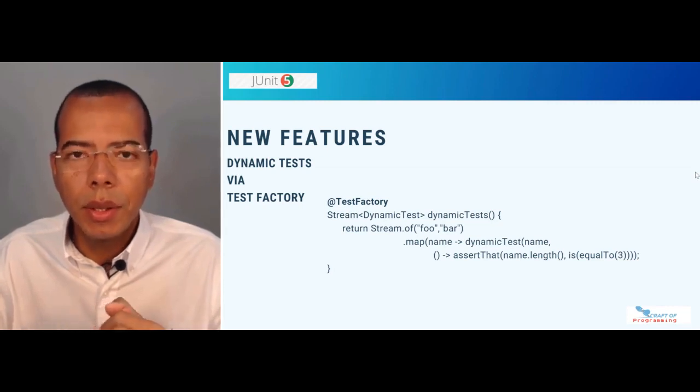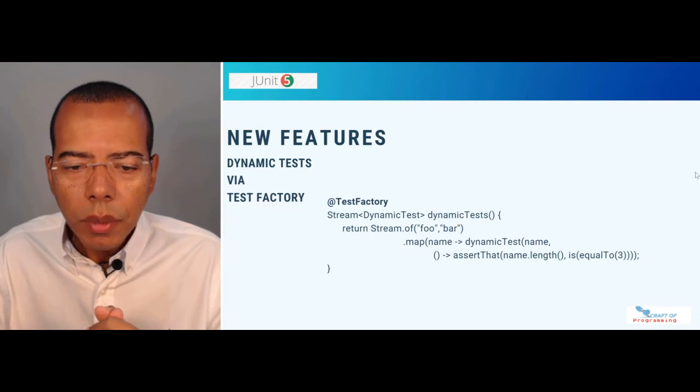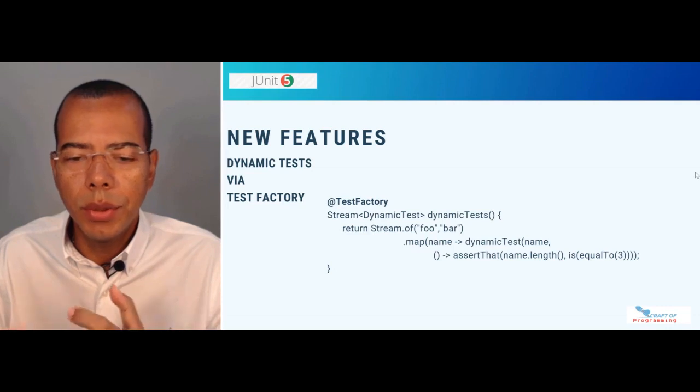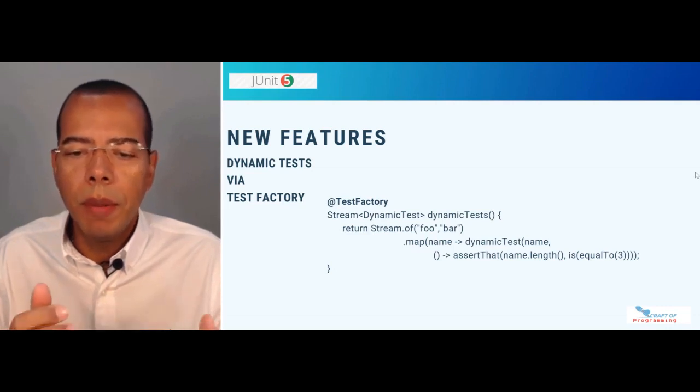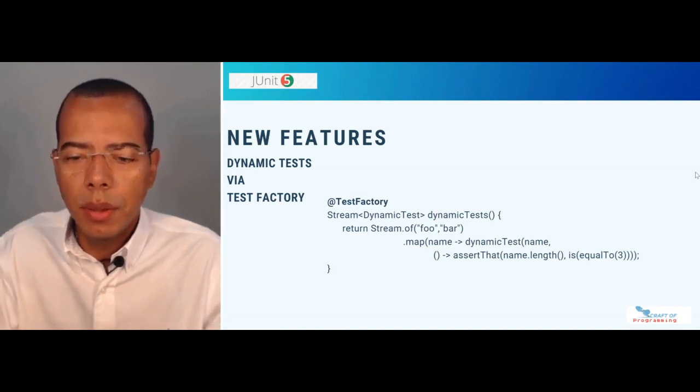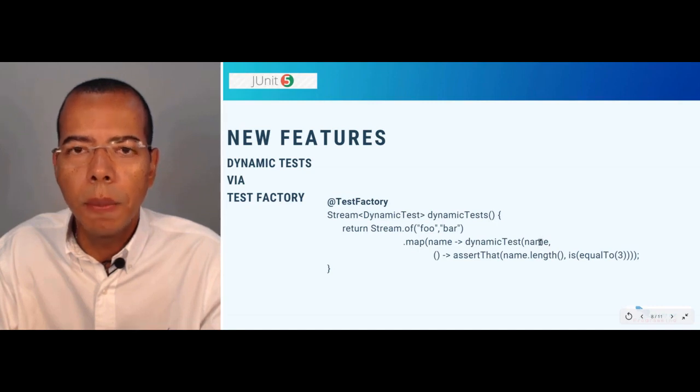And in this particular example, for each of the values of this string, which are foo and bar, these two strings, I am mapping them onto a dynamic test whose first argument is the name of the test, and the second argument is effectively the body of the test method.